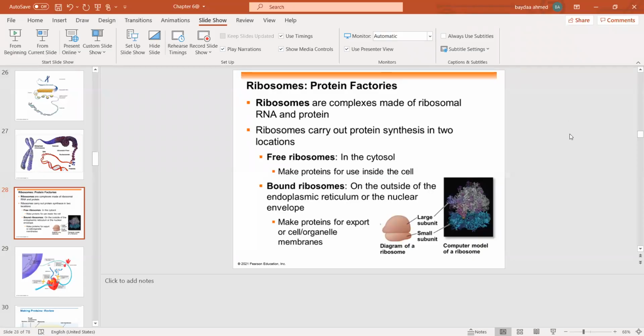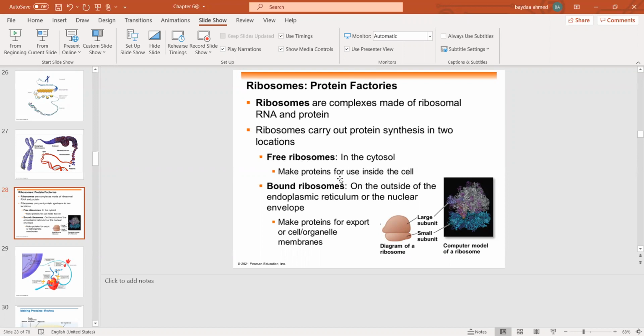The second organelle in genetic control of the cell is the ribosome. Ribosomes are complexes made of ribosomal RNA and protein, and the ribosomes carry out protein synthesis in two locations. We have free ribosomes that are suspended in the cytosol.